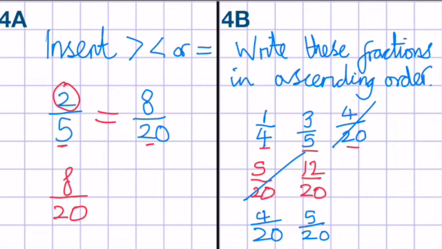Actually, I just said that I was going to write them in their original form. 1/4. And then 3/5. So that shows you that they are in ascending order, going from the smallest up to the highest.